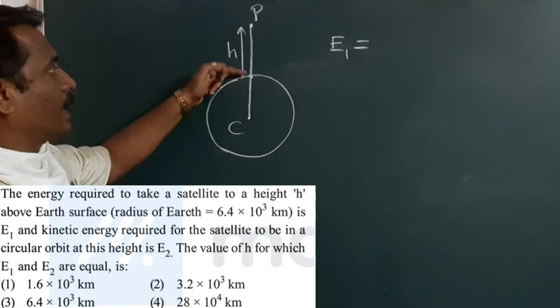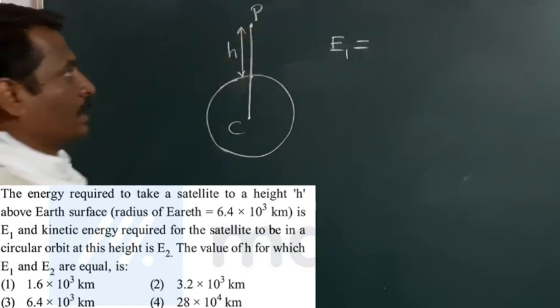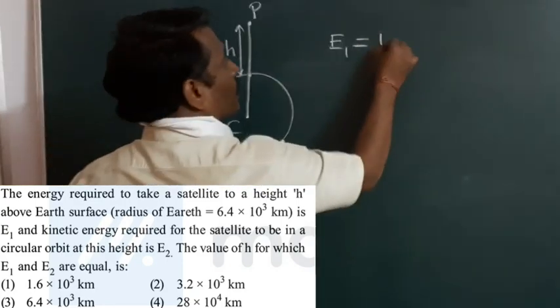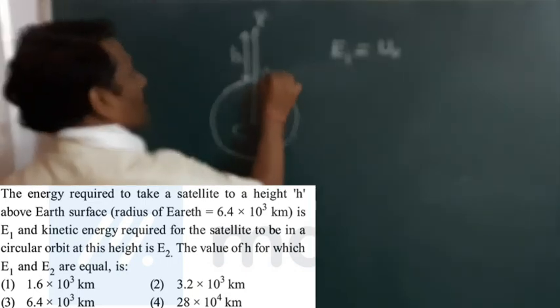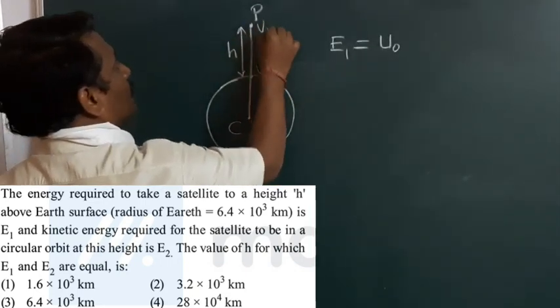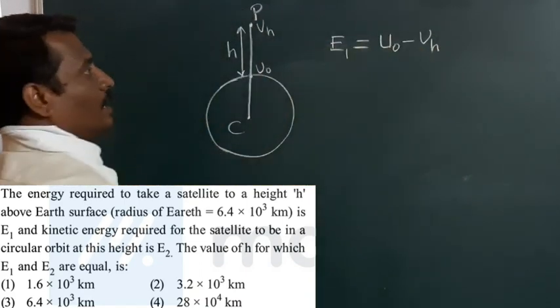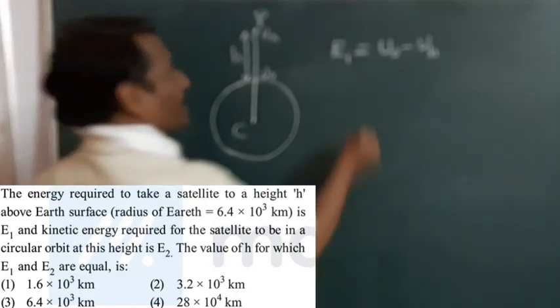Suppose U0 is the potential energy on the surface of the earth and UH is the potential energy at height h, then E1 can be written as U0 minus UH.